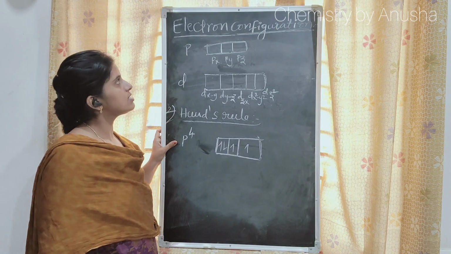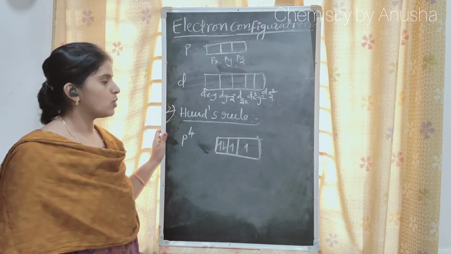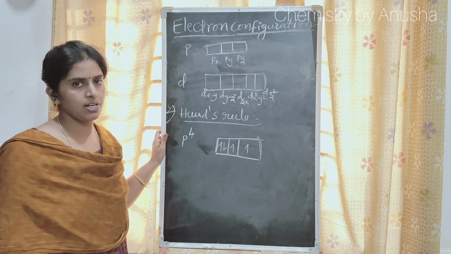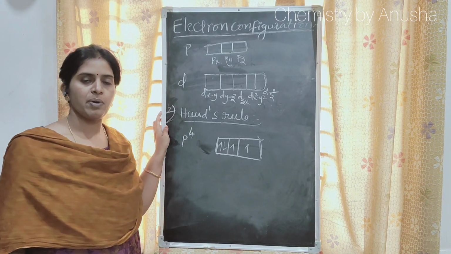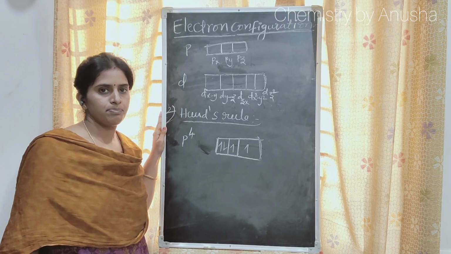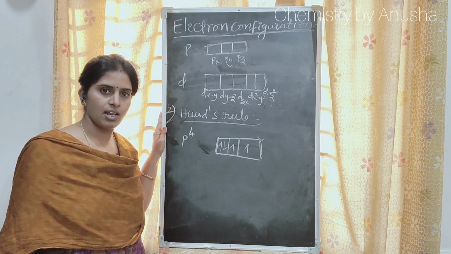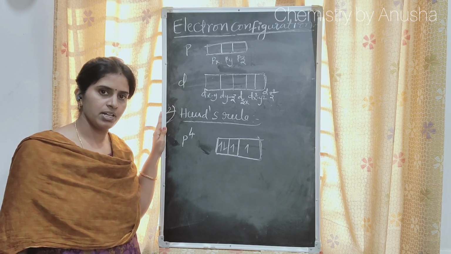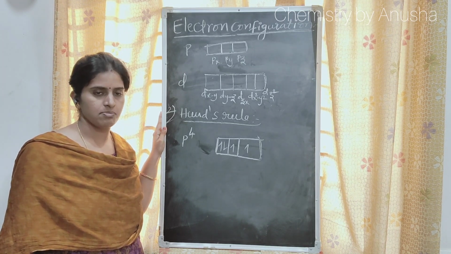So this is about Hund's maximum multiplicity rule. The pairing of electrons takes place by first filling 1 electron in each orbital, and only then does pairing take place.